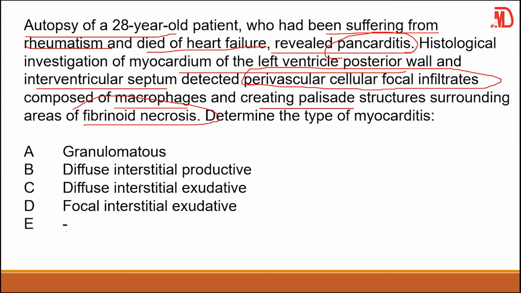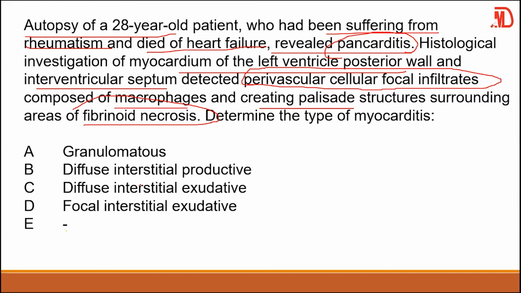But the whole process leading to the formation of necrosis, these are all an inflammatory process. And that phenomenon whereby we are having all of these inflammatory cells occurring at that place, the term is called what? Granuloma.